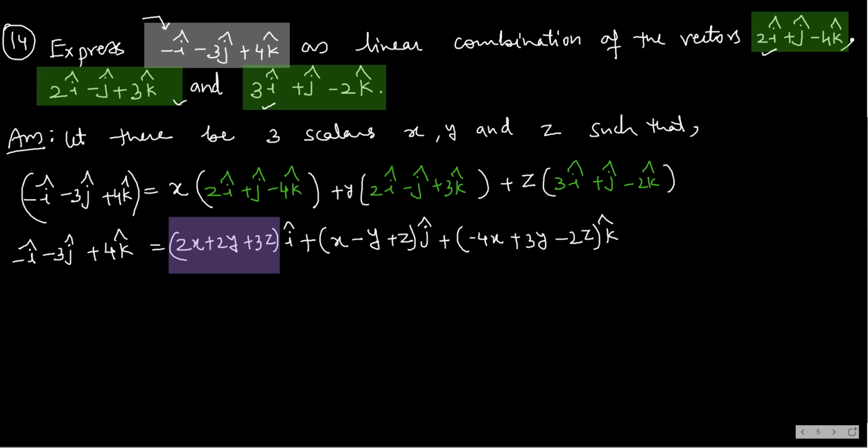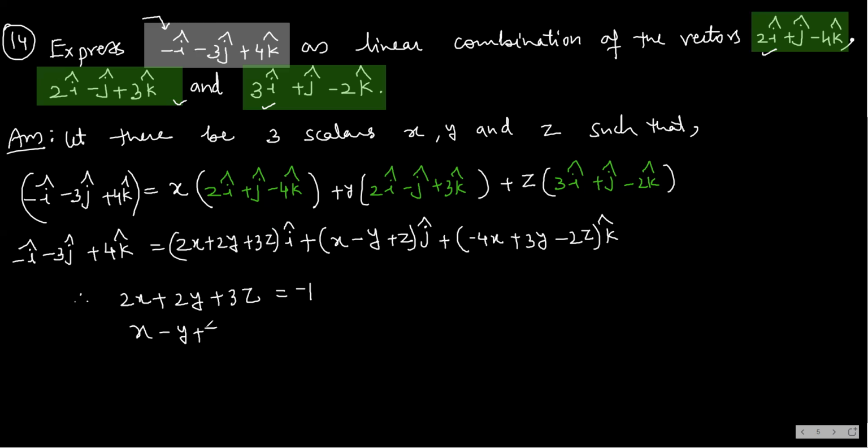So the next step I write is therefore 2x plus 2y plus 3z equals negative 1, x minus y plus z equals negative 3, and minus 4x plus 3y minus 2z equals 4.